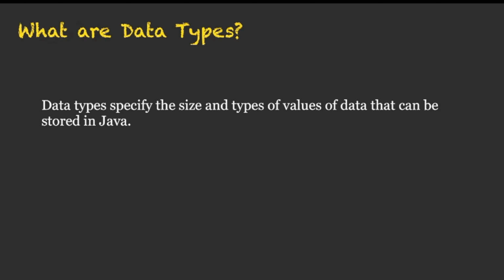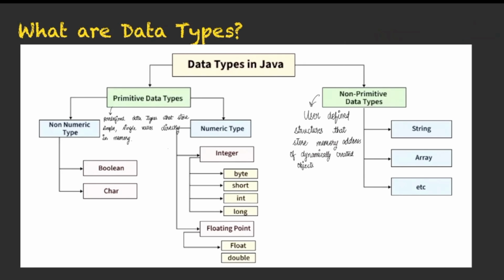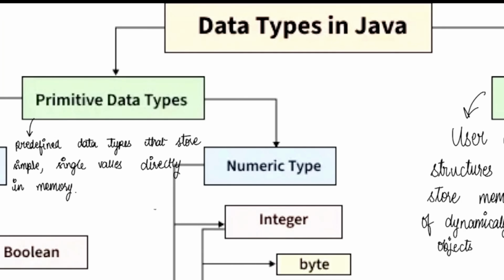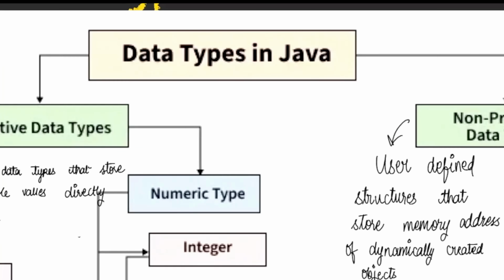Now let's move on to another very important topic, and this is data types. Data types specify the size and types of values of data that can be stored in Java. We have two main types of data types in Java. The first one is primitive data types, the other one is non-primitive data types.